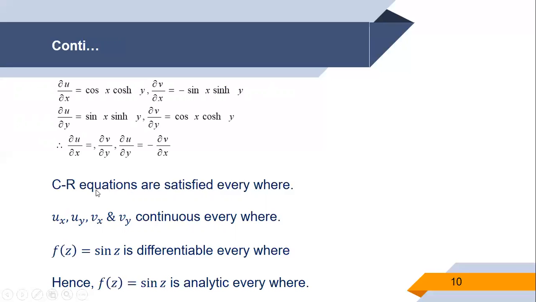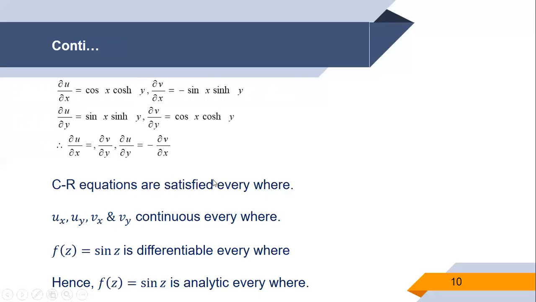Therefore, we can say the CR equations are satisfied everywhere. Also we check whether all partial derivatives are continuous. Directly we can say all partial derivatives are continuous because they are defined for all values of x and y. So ux, uy, vx and vy are continuous everywhere.